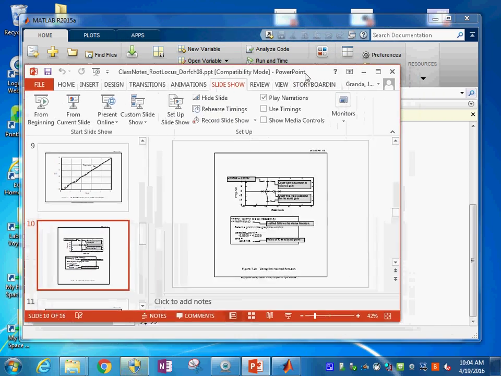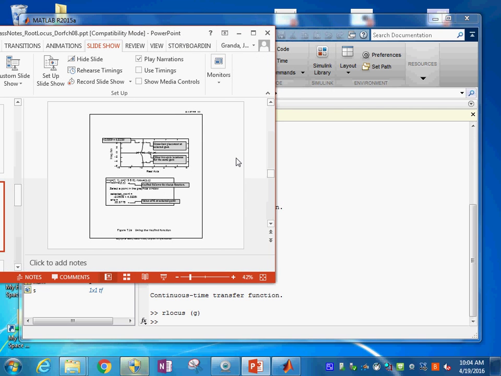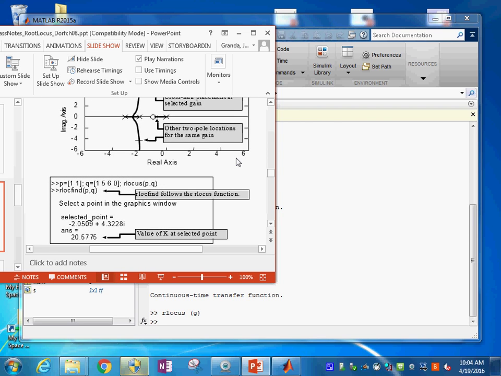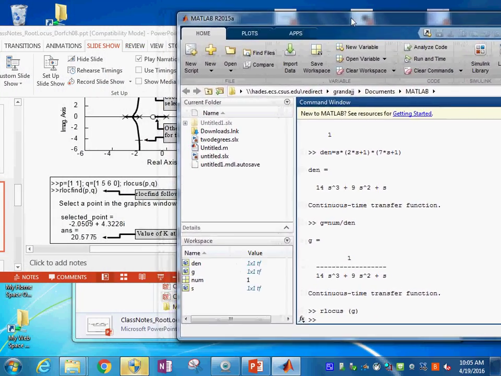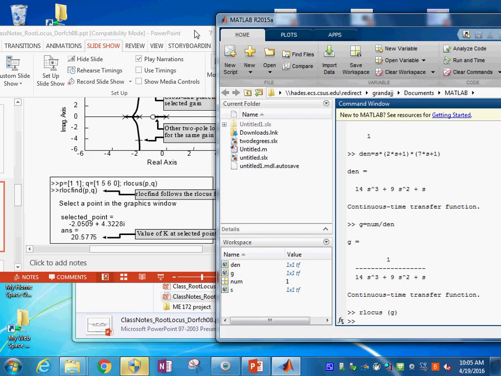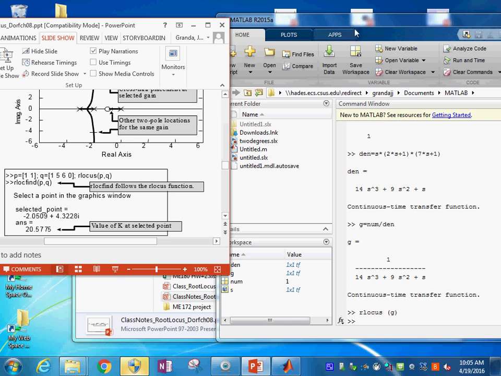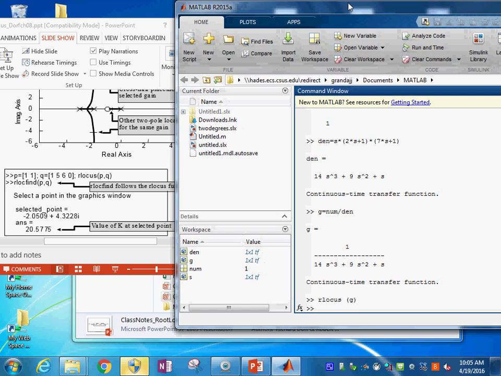Hopefully, well, let's close this one. We'll keep MATLAB open, and I just need this transfer function in such a way that I can read the directions. Okay, so if you do this one, let's see if we put it in here, and we are gonna do this transfer function here.